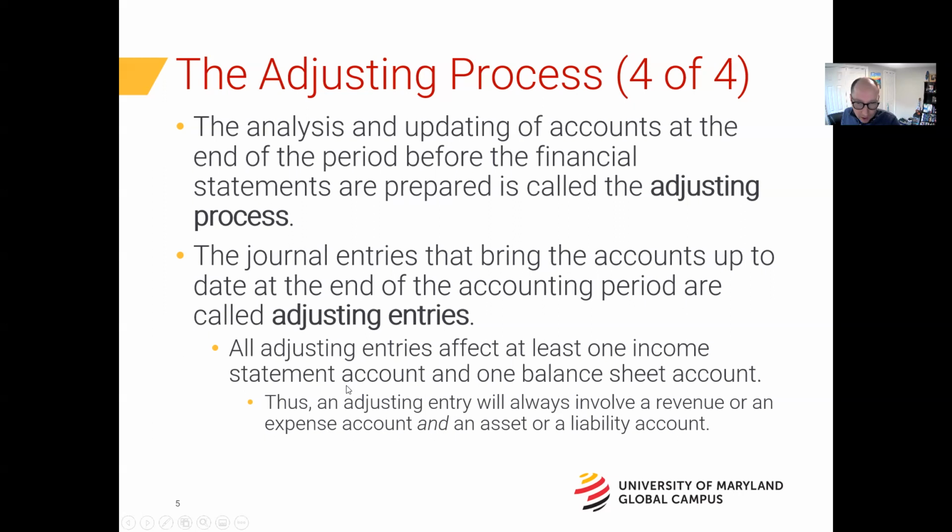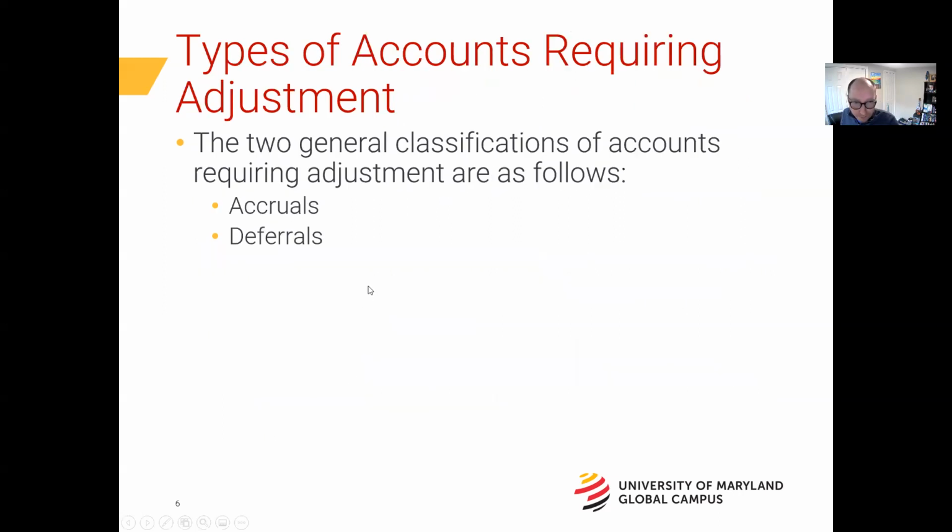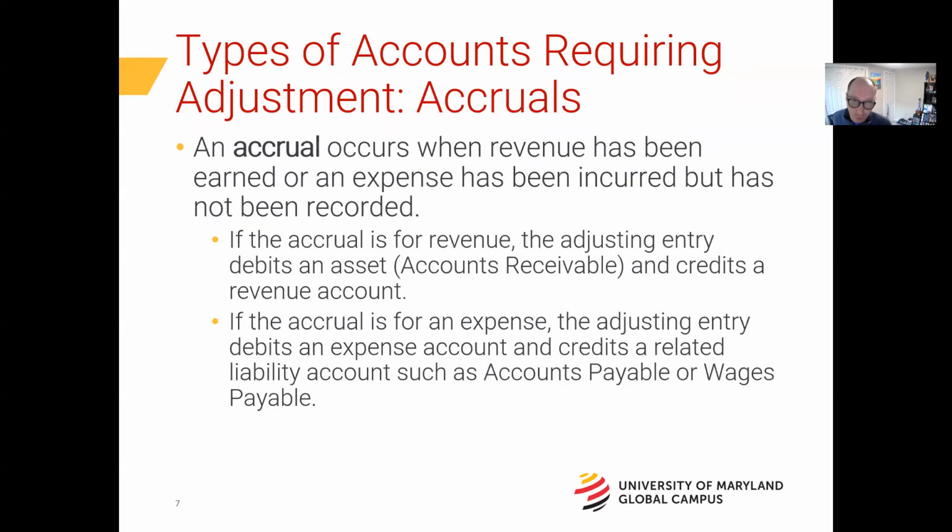So through that adjusting process, we make the adjusting journal entries. There are two types of transactions that typically require the adjusting process, or the adjusting journal entries: accruals and deferrals. So accruals, which is what we talk a lot about in this course, accrual-based accounting.